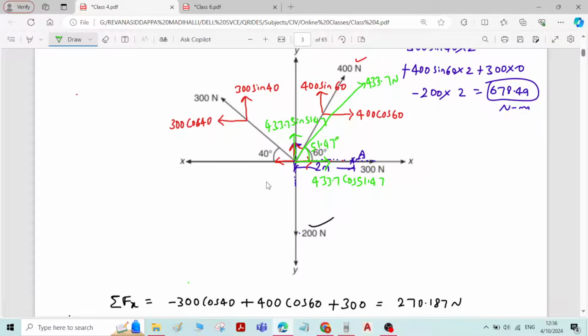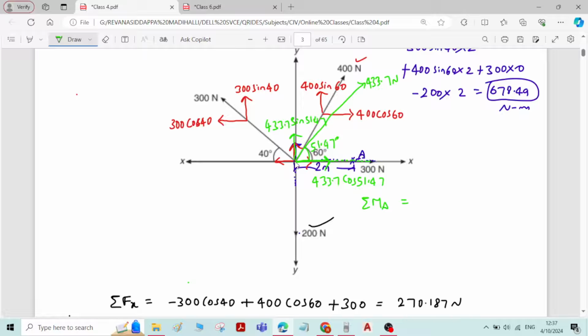Now we will find the moment of the resultant force alone about the same point A. The moment of the horizontal component of the resultant about point A becomes 0 because point A lies on its line of action.